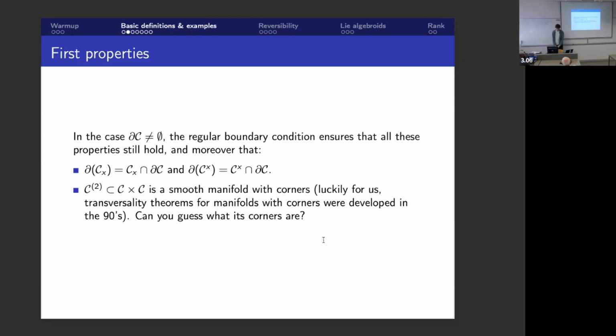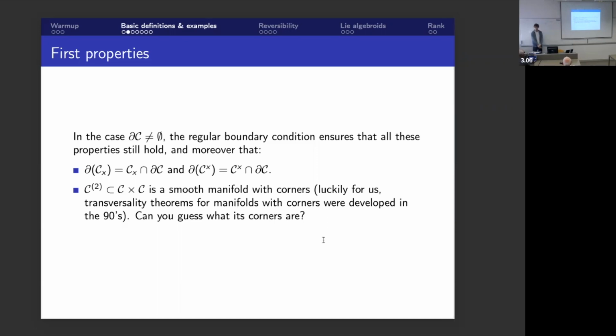And not only that, this C2, the set of all composable pairs of morphisms, remains a smooth manifold with corners, because the transversality theorems for manifolds with corners were developed in the 90s, and we can rest assured that everything still holds true. So my question for the audience is whether you can guess what the corners of this are.